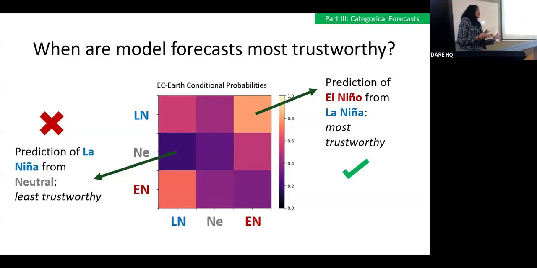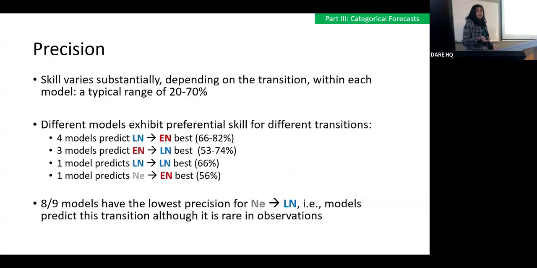The way we assess skill right now doesn't account for these changes at all. We're getting a range of something like 20% to 80% in our skill, but we don't account for that in how we communicate forecasts or how we speak about the uncertainty around forecasts. So you get a typical range within any model of 20 to 70%, and different models have different preferential skills.